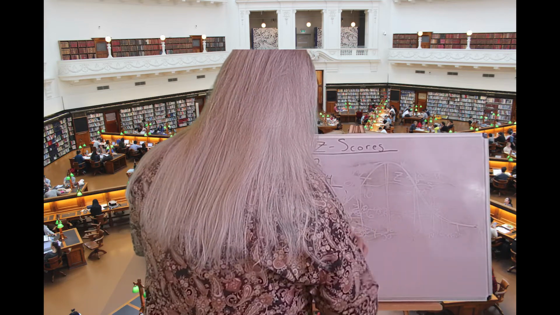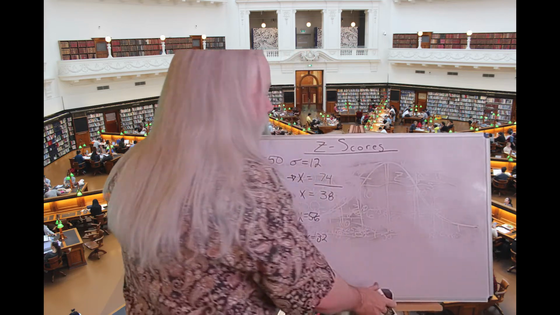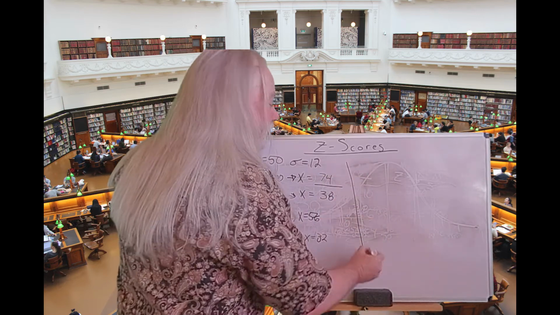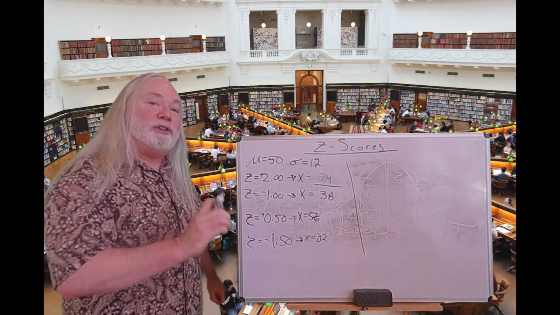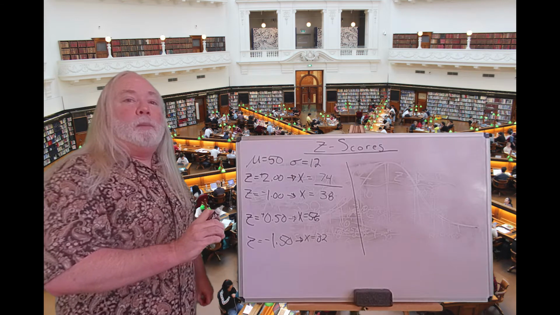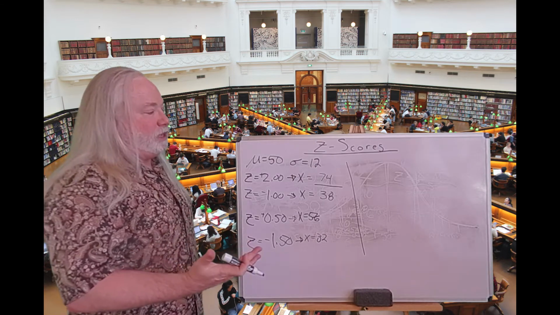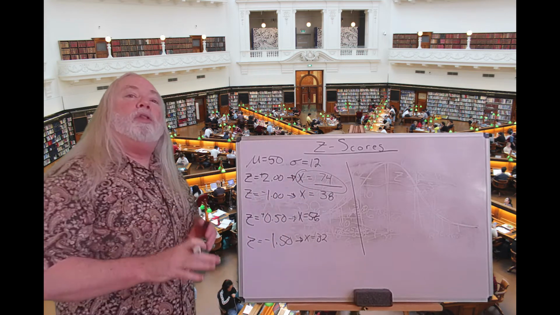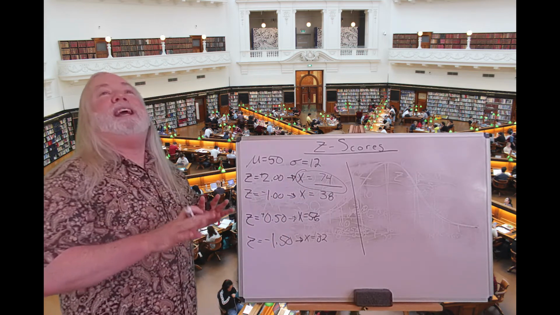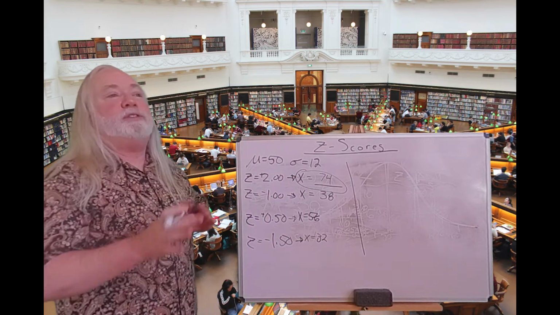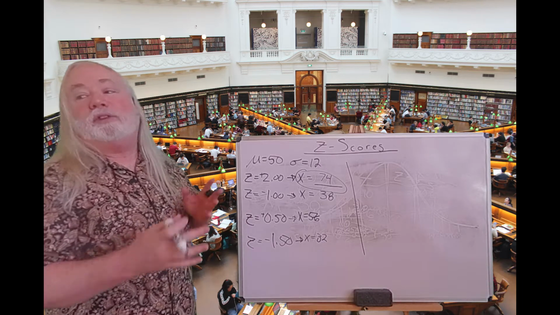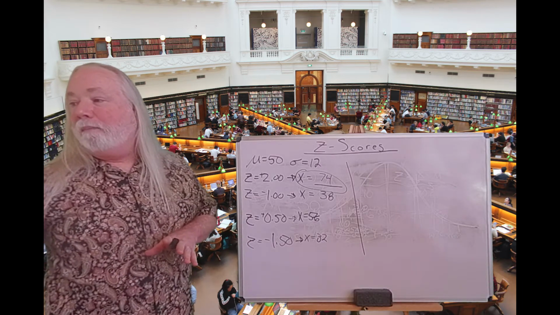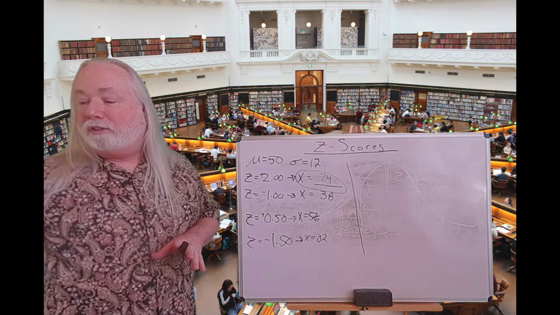Let's take a look at the formula for it. It actually is the exact same formula as the z-score formula. But we're not solving for z in these cases, we're solving for x. So all that's happened here is that the formula has been rewritten so that it solves for x instead of solving for z. It's as simple as that.